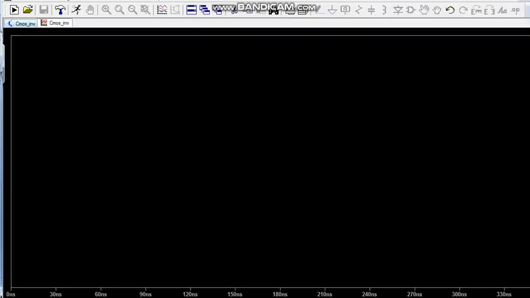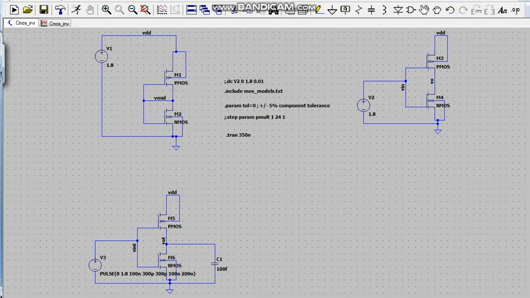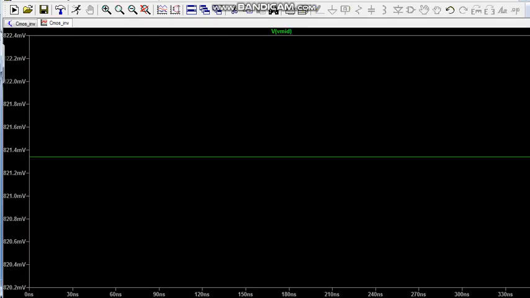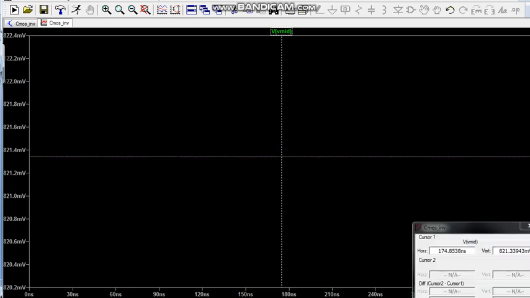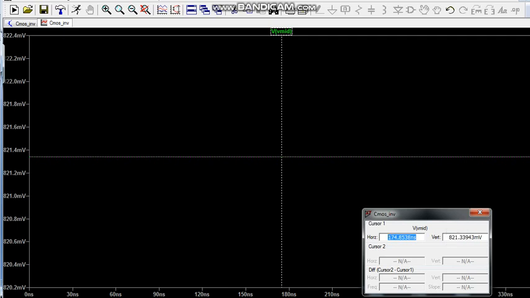First we plot this. Let's see what value comes. So this is 820 millivolt, close to VDD by 2.